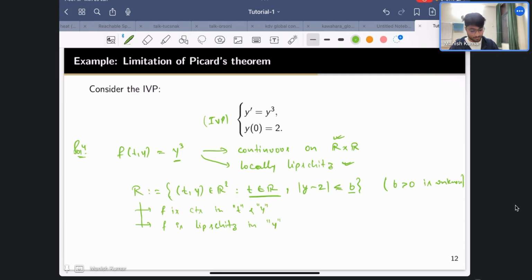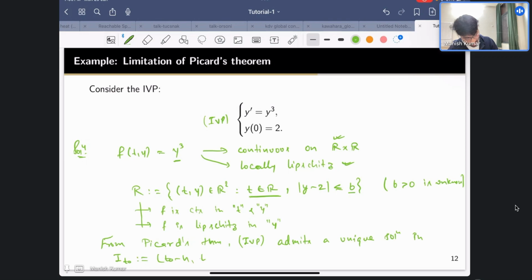So from Picard's theorem, this IVP admits a unique solution in the interval I, t naught minus h to t naught plus h.